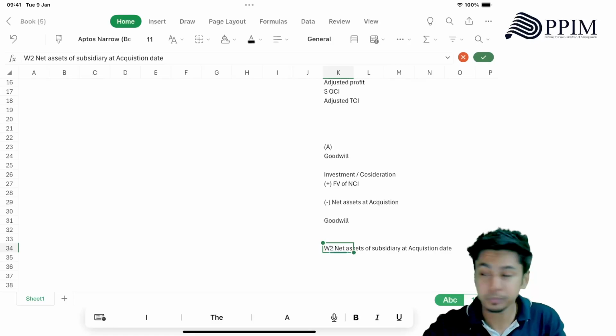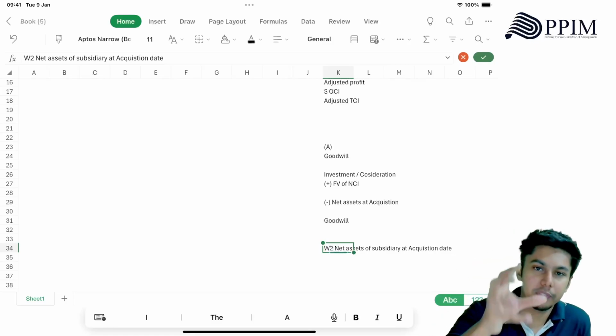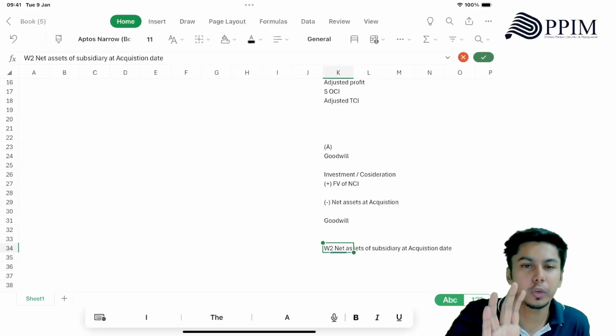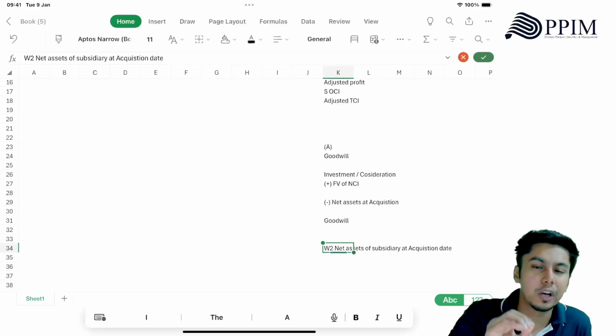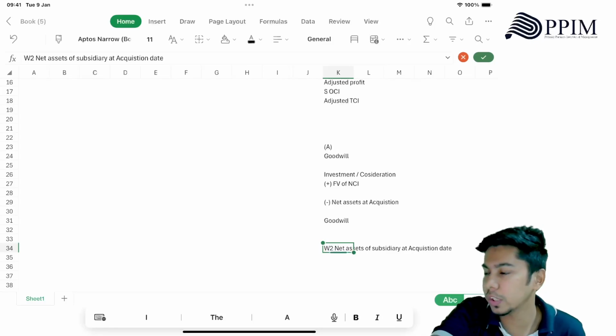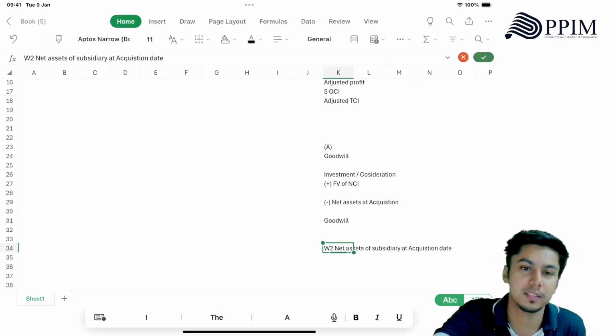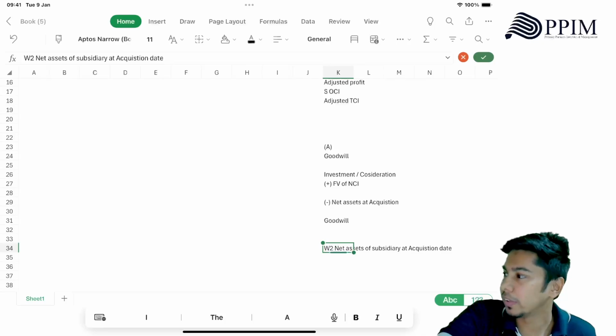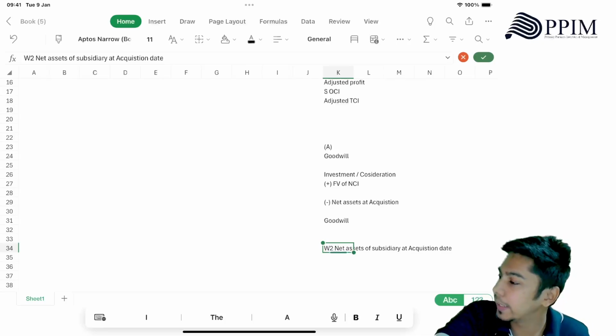Guys, now those who have done questions, can you guys tell me, net assets means equity, no? Normally for equity in consolidation, what are things that normally come? Online students, what do you think, guys? Net assets means equity.